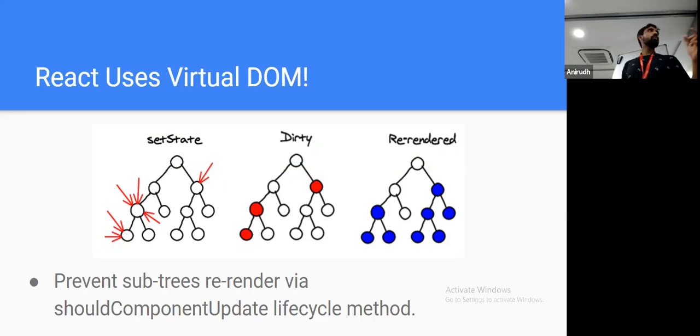React is making changes in memory instead of in the DOM. Once it knows that this particular DOM has been changed, it directly replaces that DOM. Comparatively to other frameworks, it's quite fast.